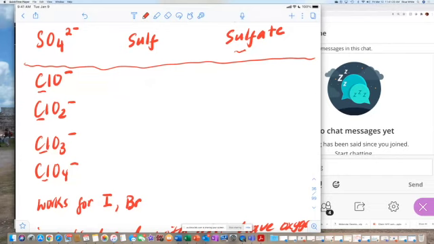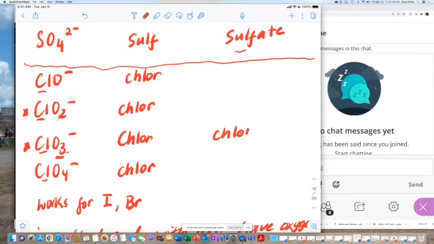Okay. So with this one, I start with the middle two. In the middle two, the one that has more oxygen will be named with the ATE. Remember, the stem word here is chlor, chlor, chlor, chlor. The one that has more oxygen is the chlorate, like usual. The one that has less oxygen is chlorite.